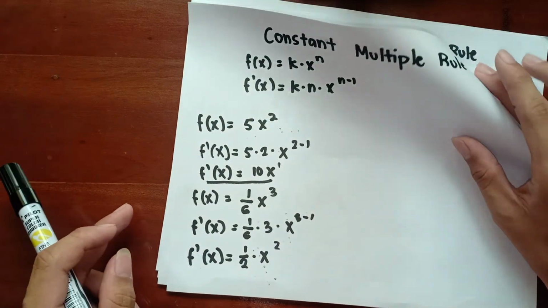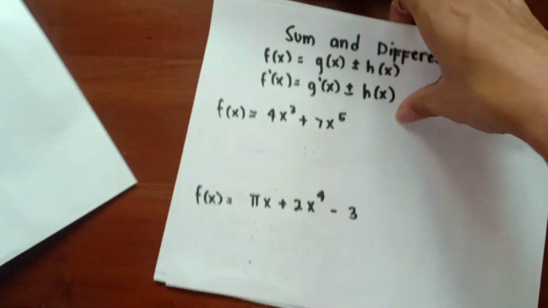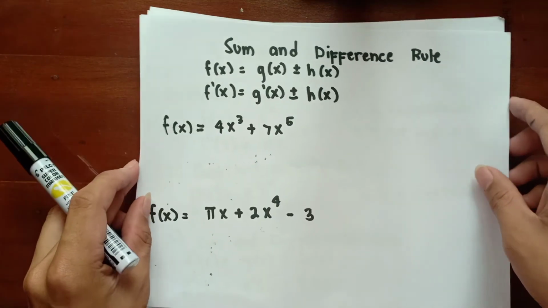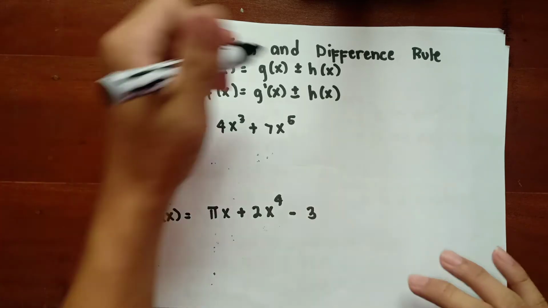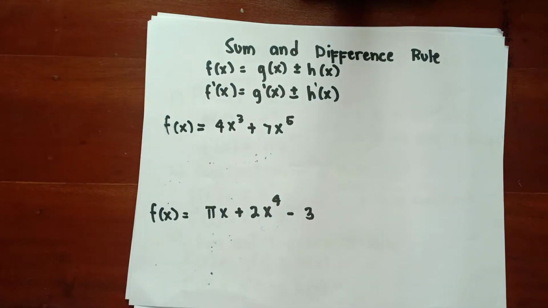Sorry. So, the last but not the least, the sum and difference rule. The sum and difference rule states that if f of x is equal to g of x plus or minus h of x, the derivative of this function is f prime of x equals g prime of x plus or minus h prime of x.